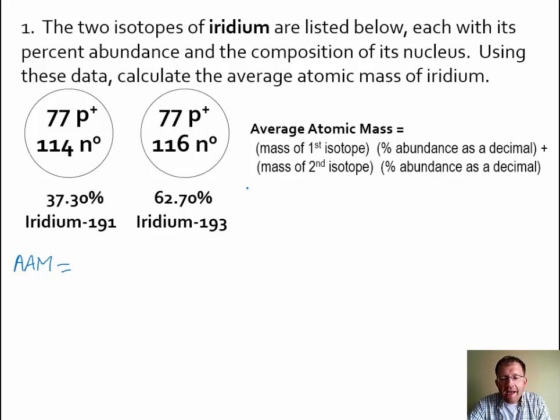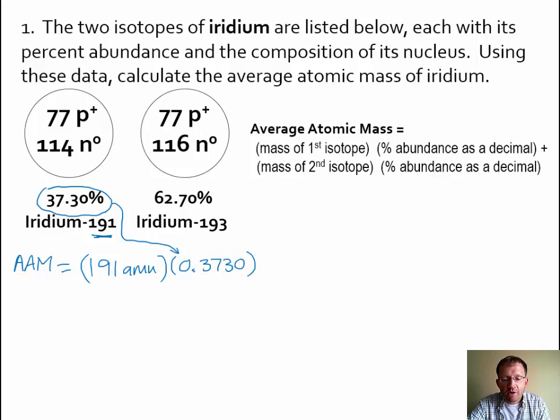And my average atomic mass will be the mass of the first isotope. Well, here the first isotope is iridium 191. So I'm going to bring that 191 down, AMUs, times its percent abundance written as a decimal. So this percent abundance, 37.30%, will come down and become a decimal here, 0.3730. Remember, we simply move the decimal point over twice.